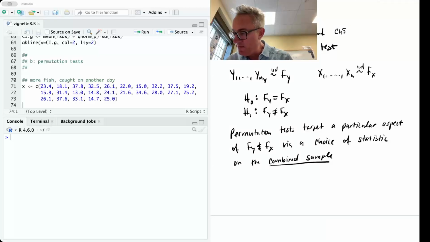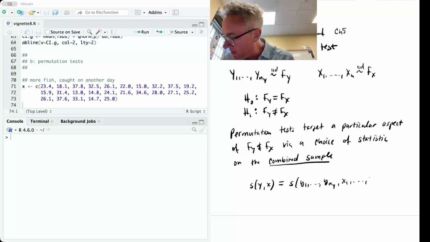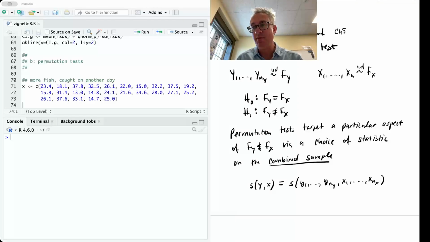Okay, so what's the combined sample? I'll just generically notate that as SYX, but what I mean is some statistic that's calculated on the vector of values that you get when you put the x's and y's next to one another in the same vector.